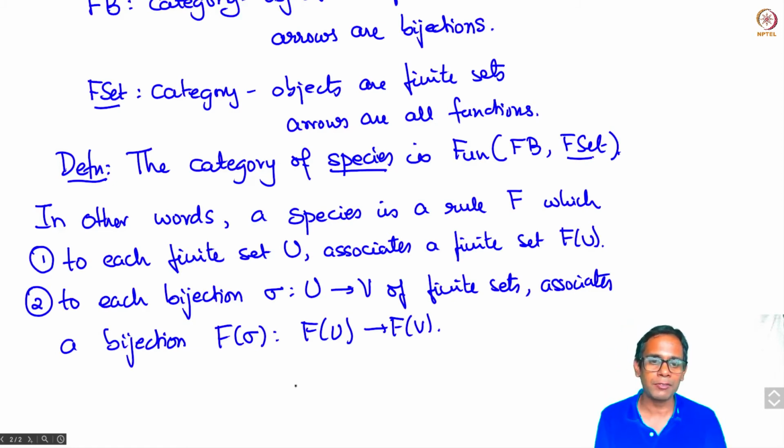The inverse of F sigma will be F of the inverse of sigma. And so F sigma will actually be a bijection.